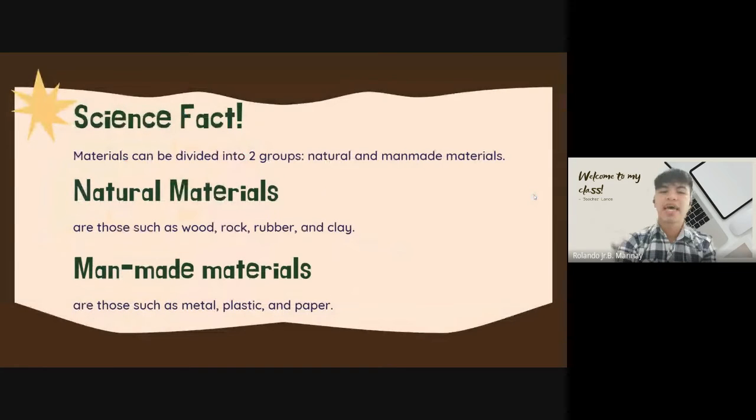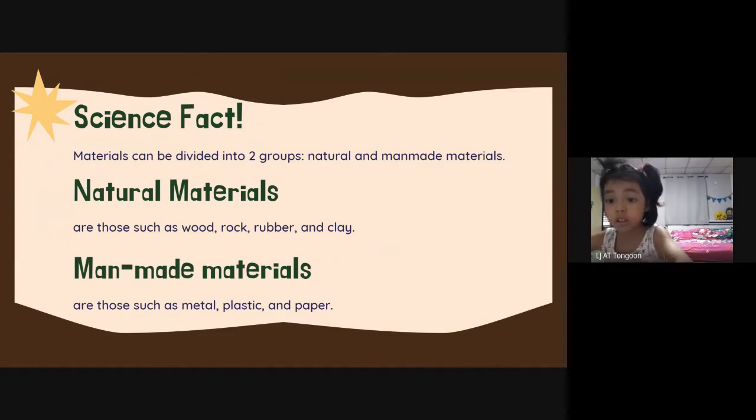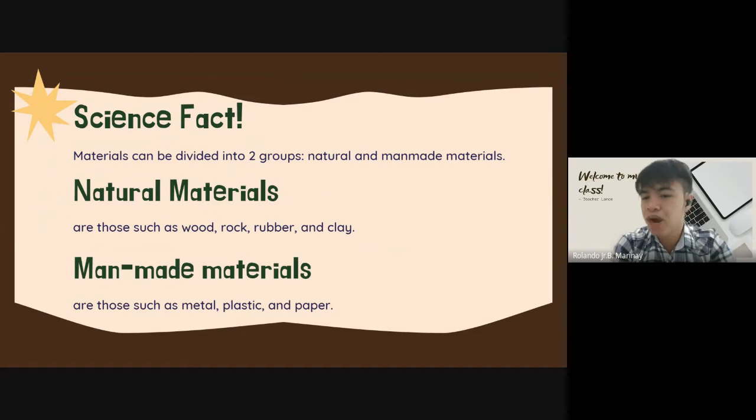Science facts. Materials can be divided into two groups, the natural and the man-made. The natural materials are those such as wood, rock, rubber, and clay. Let's repeat: wood, rock, rubber, and clay.